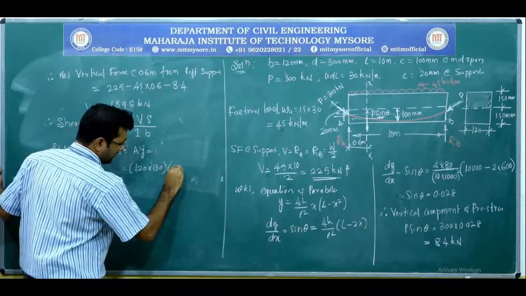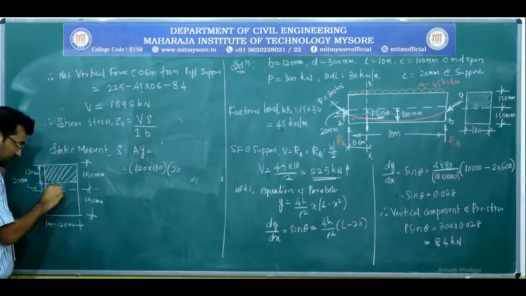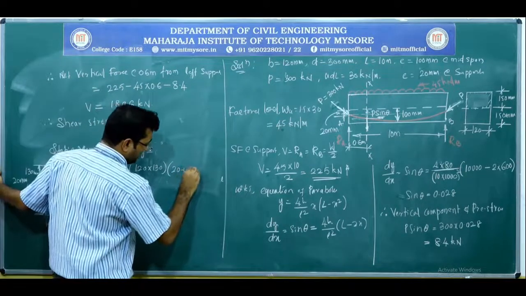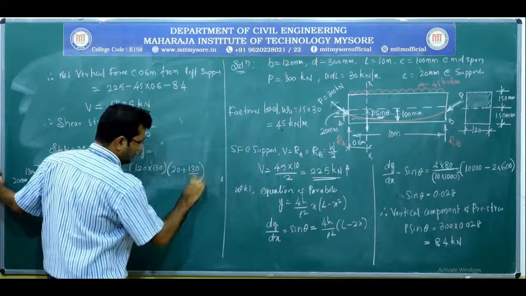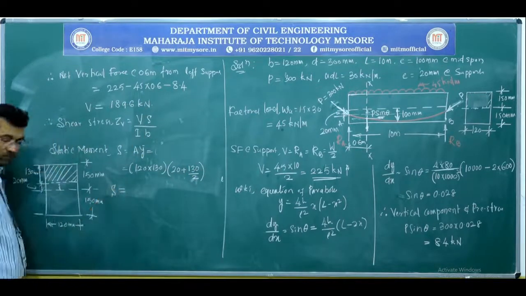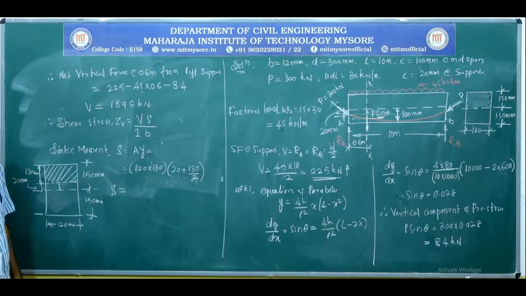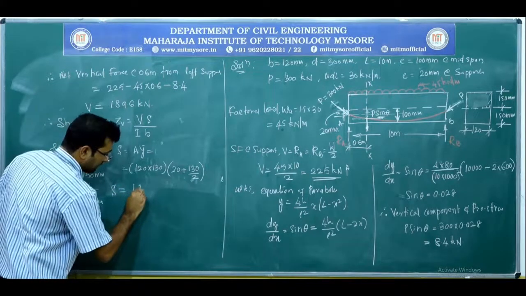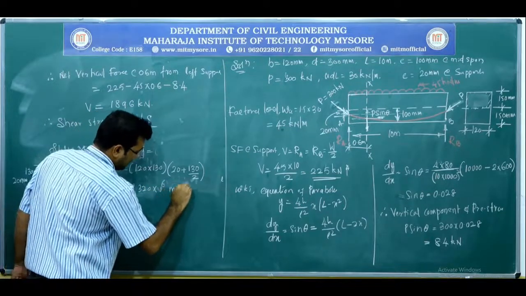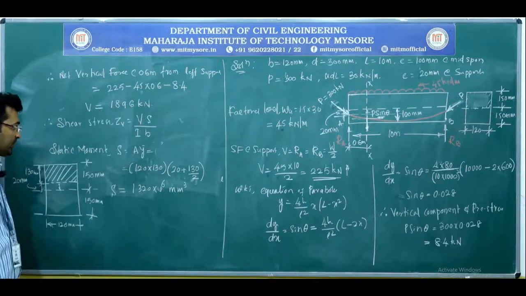So it will be 20 plus half of 130, that is 130 by 2. So this value is about 1.320 into 10 to the power 6 millimeter cube.